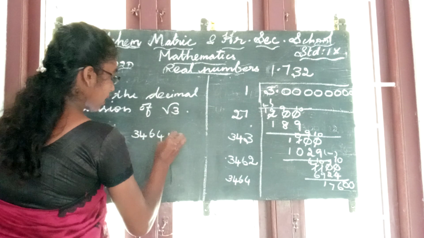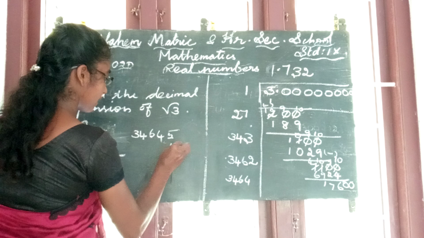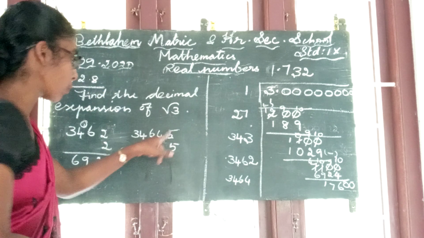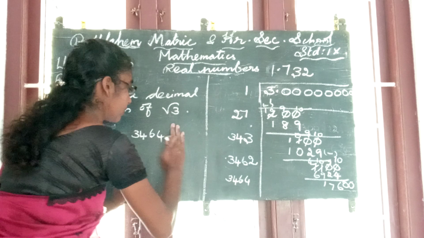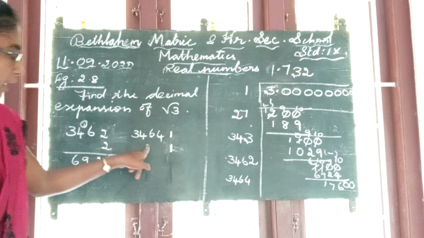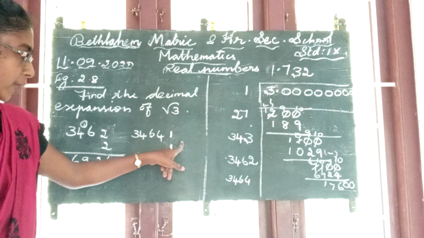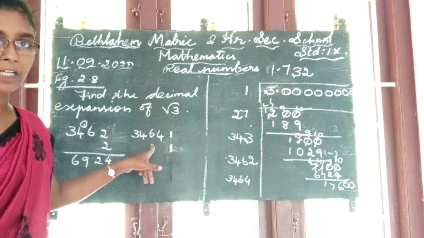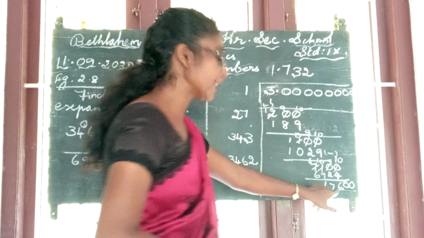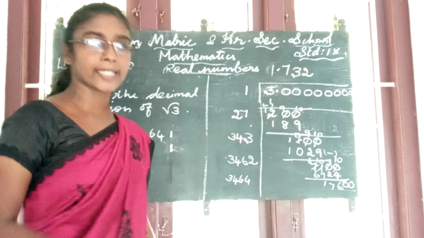Now we check it. If I am writing 1, what will we get? 1, 1. See, 34,641. With 1 multiplying, 34,641. But here 17,600 only is there.